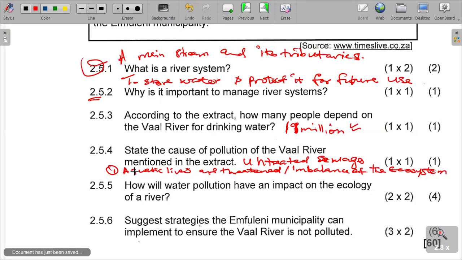We can also talk about reduced oxygen levels. We can also talk about reduced biodiversity.